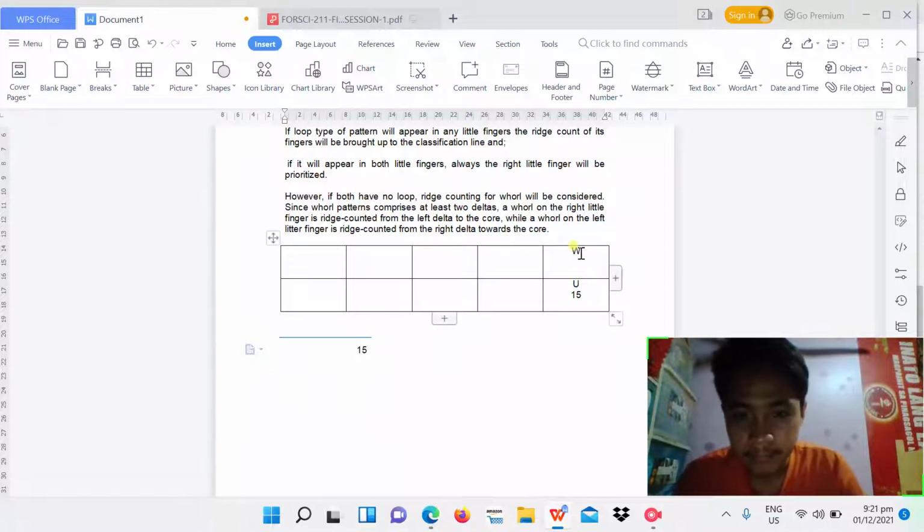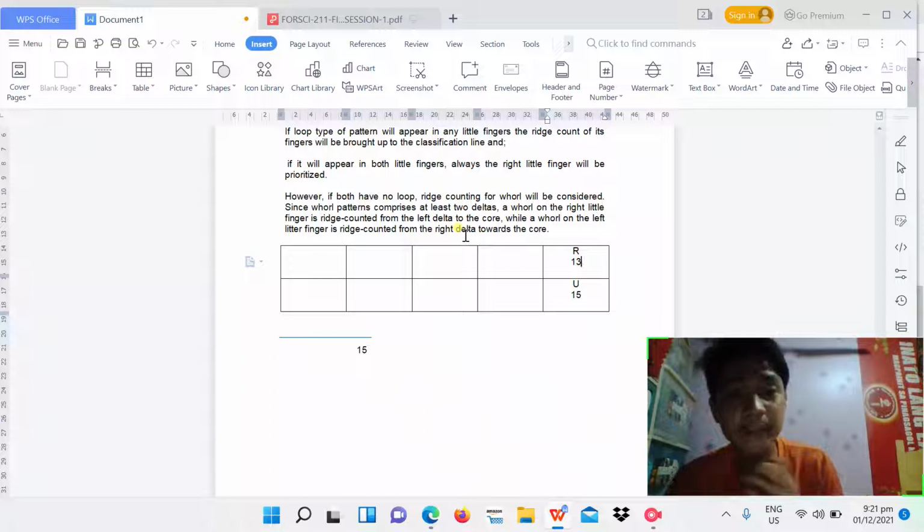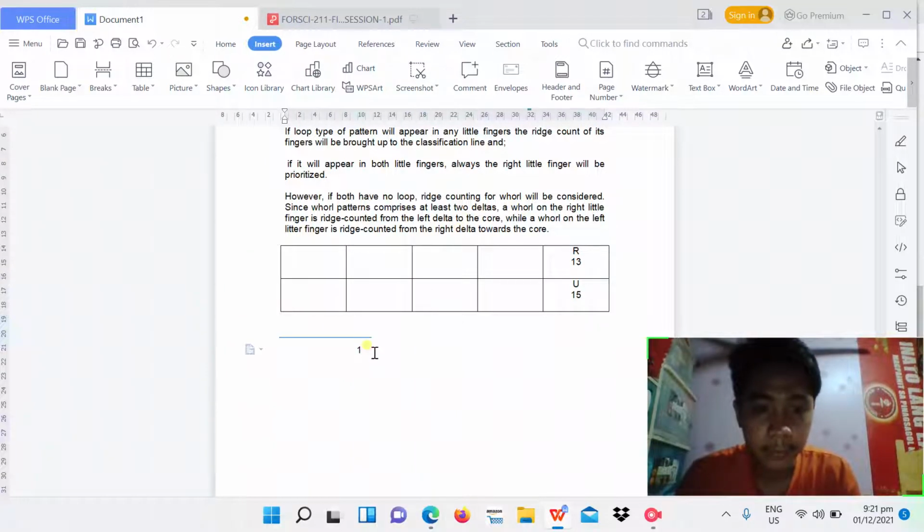For another example, if they are both loops, for example a radial loop with a ridge count of 13. As I said a while ago, if it appears in both little fingers, always the right little finger will be prioritized.